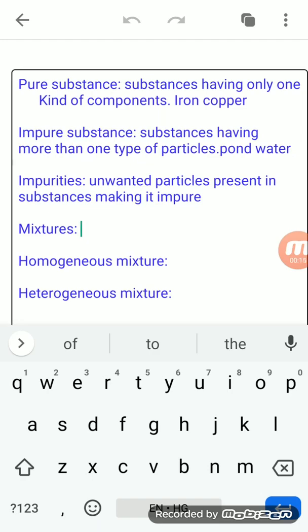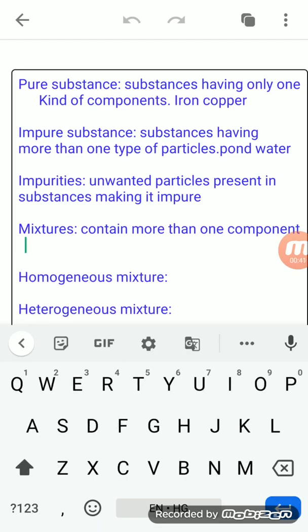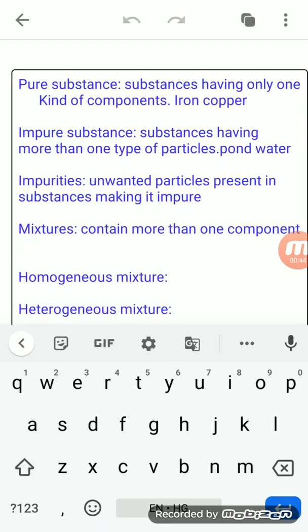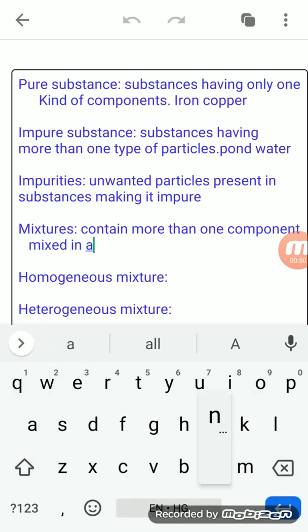It contains more than one component, and the components mix together in any ratio. That is called a mixture.